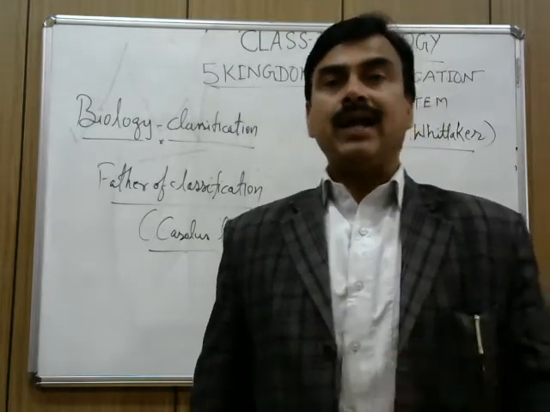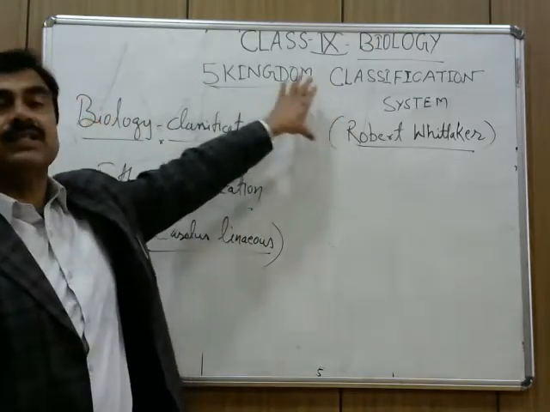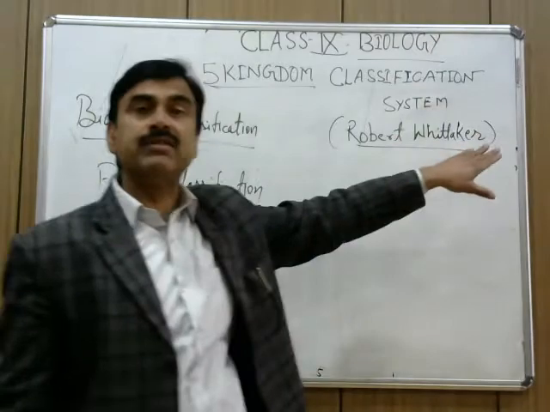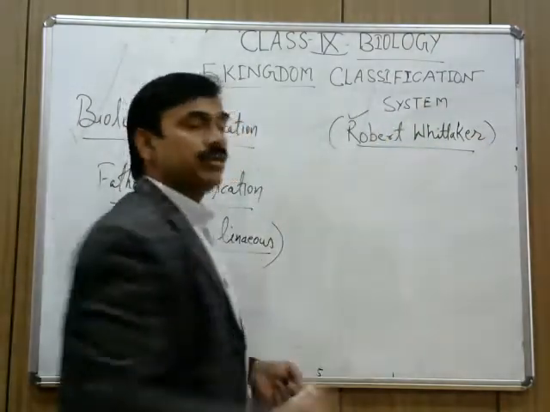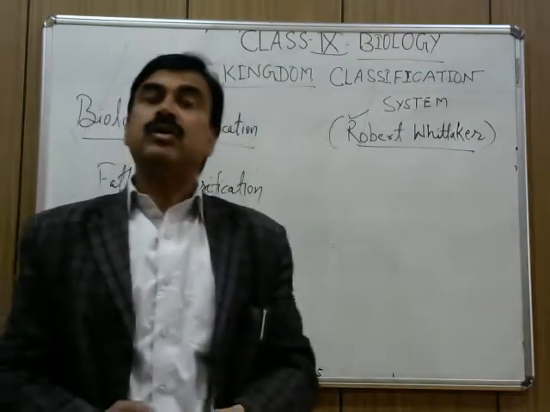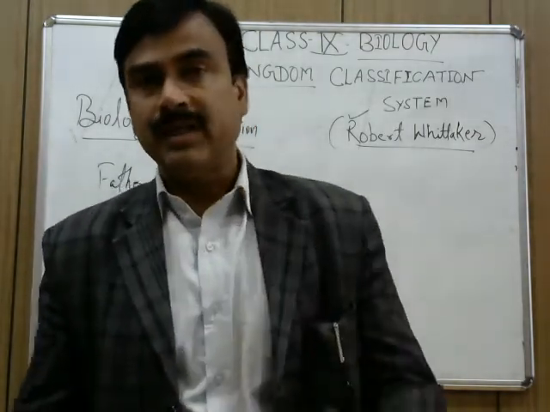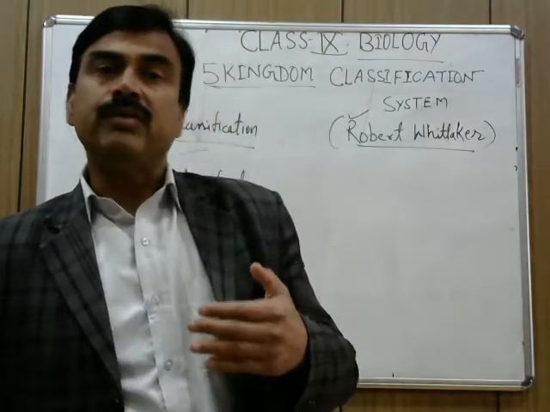And the five kingdom classification system was given by the scientist Robert Whittaker. You should remember the name of Robert Whittaker.